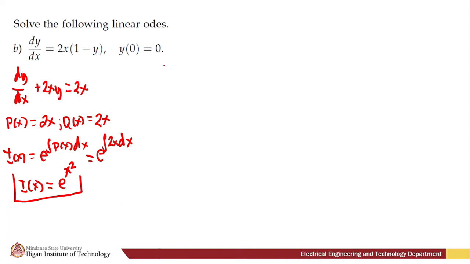We can also use that one. We have y times e raised to integral of p of x dx equals integral of q times e raised to integral of p of x dx.